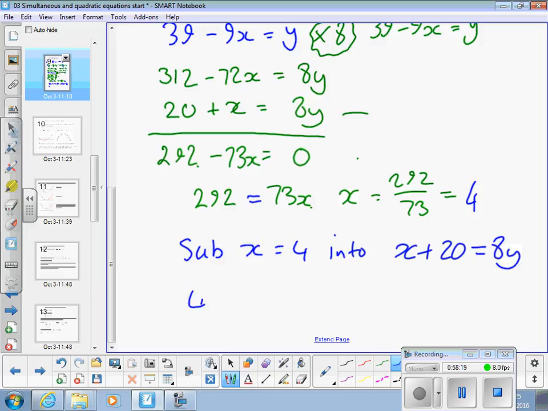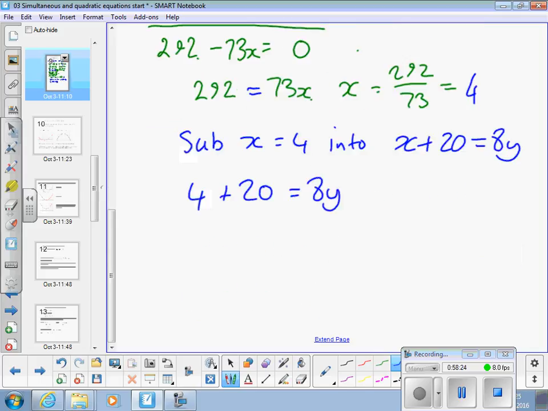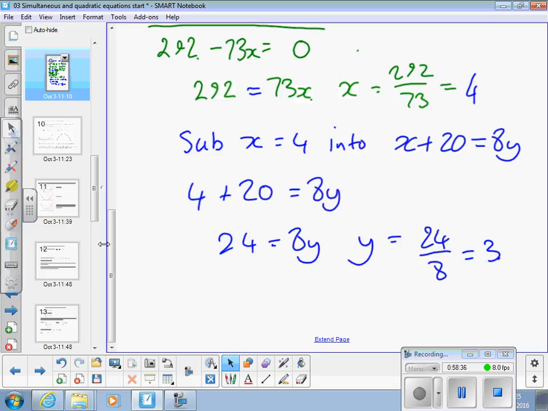So we got 4 plus 20 equals 8y, 24 equals 8y, y is equal to 24 divided by 8 equals 3. So the solution to those two simultaneous equations is that x is 4 and y is 3. If we graphed them, we'd find that the two lines would cross at the point x 4, y 3. Yeah?